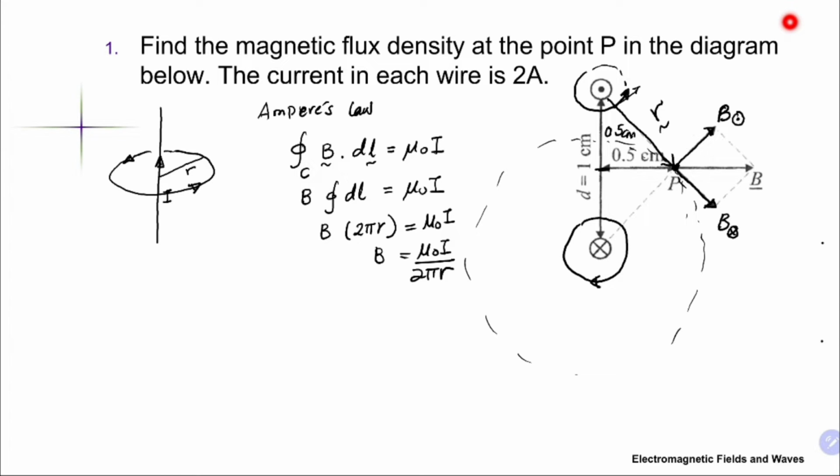So my R will be the square root of 0.5 squared plus 0.5 squared, or d over 2 squared.